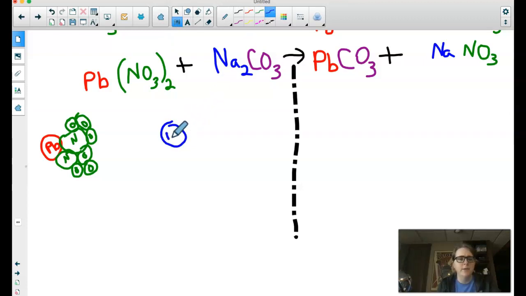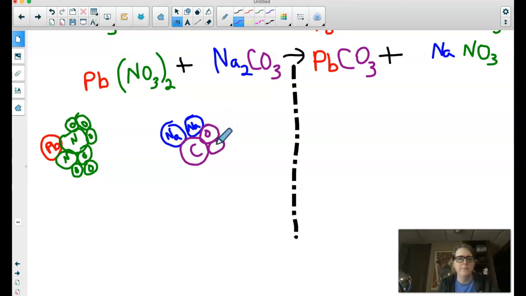So next I'm going to do my sodium carbonate. So I've got 2 Nas. And then I've got a carbon, and I've got 3 oxygens.